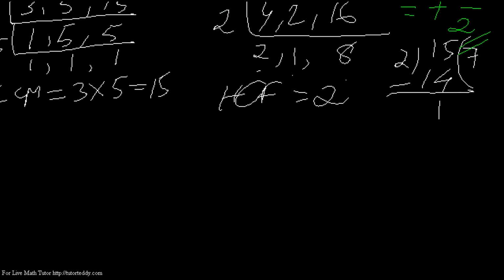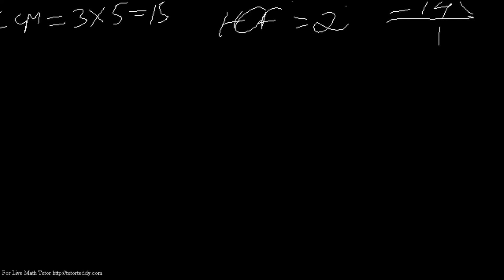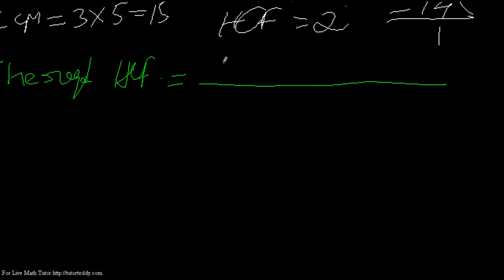Next I need to find the HCF. So I can say the required HCF equals, now the rule for HCF is HCF of the numerators and LCM of the denominators.